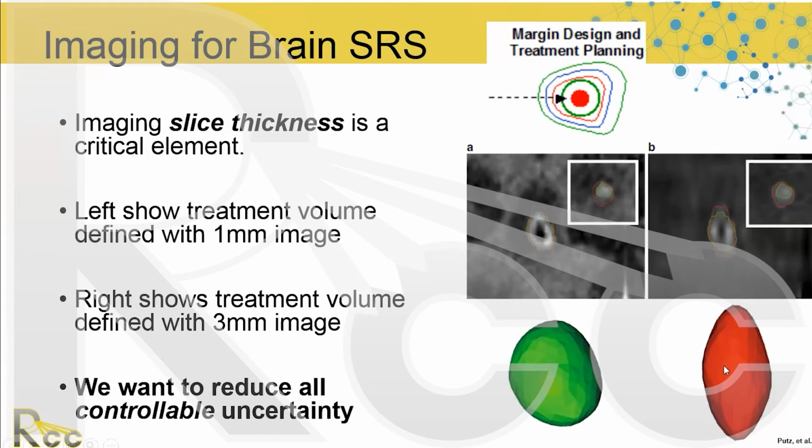But this is what happens. When you use larger slice thickness, there's volume averaging, and in this case, it elongated the tumor. So we want to reduce everything that we can control. We want to account for all these things that we can control for.